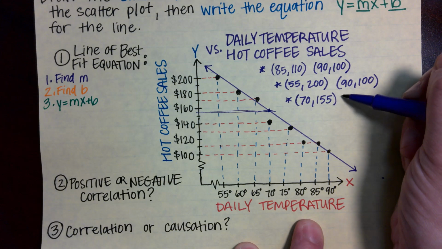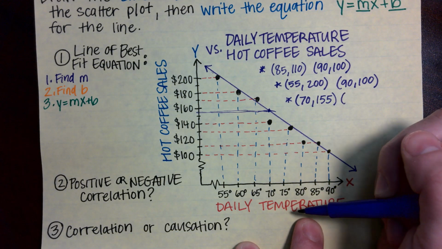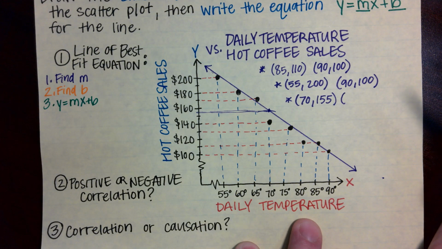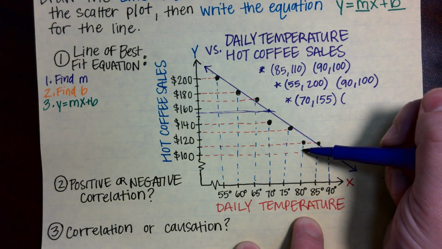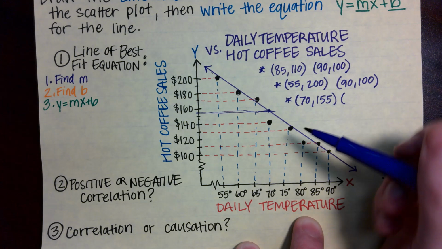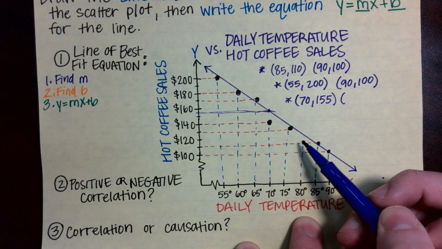I did 70, 155, and then I did 80, and I think that was 110. 80, and so 110 would be right here. Does 110 touch your line? You might have angled it more. No, I don't.